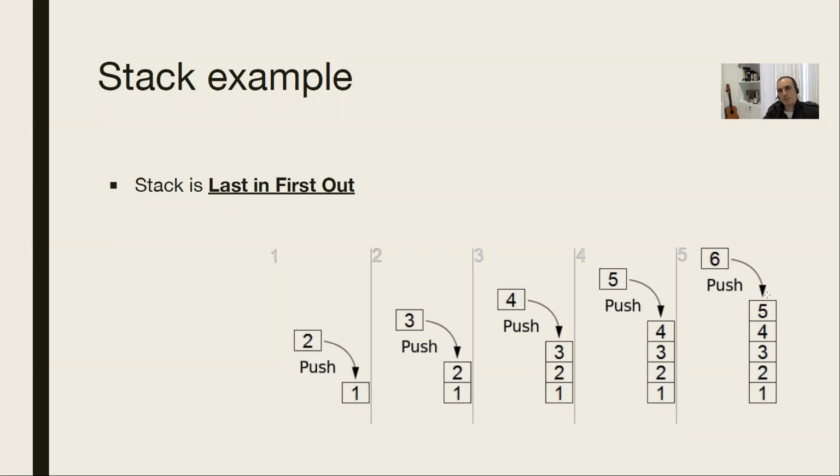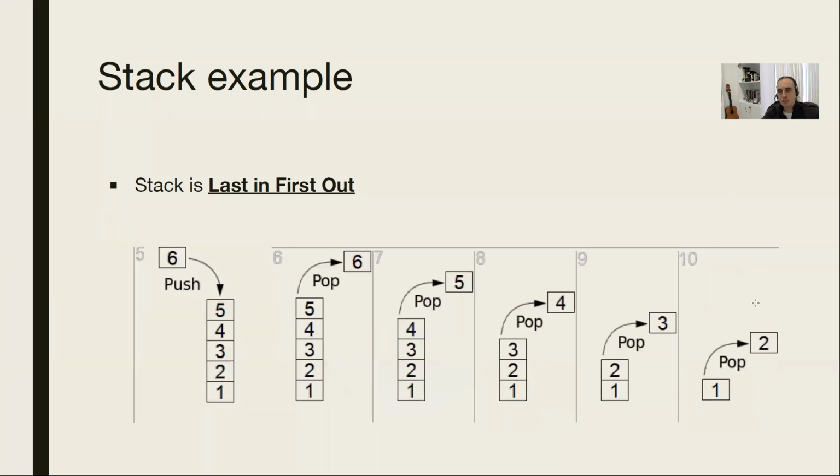The strange thing about stack is, if you have a stack like this and you want to get a value from it, you cannot get these lower values. You can only get the one at the top. So if you want to get a value, you can only get 6. You cannot say, hey stack, give me 4. No, it can only give you the topmost element, or the lowest, depending on how you draw it.